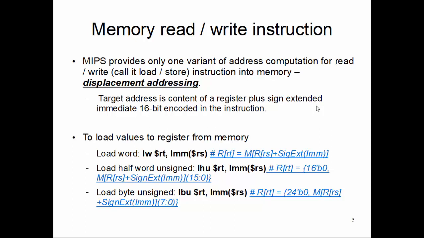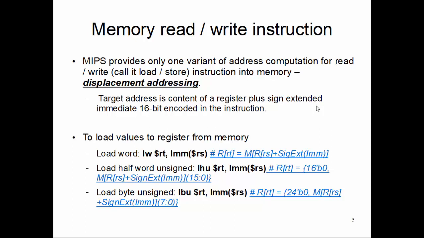The base address, in the case of MIPS, is the content of a register. You can store some 32-bit value in a register and use it as your base address, and then add the sign-extended 16-bit immediate encoded in the instruction.